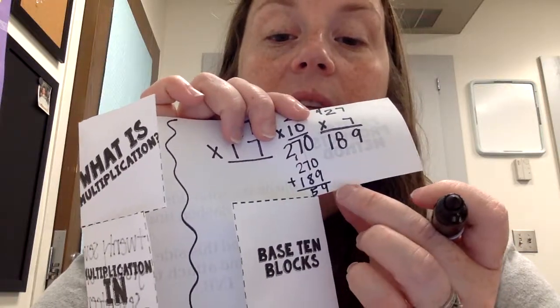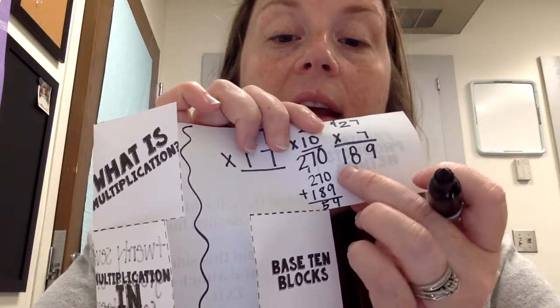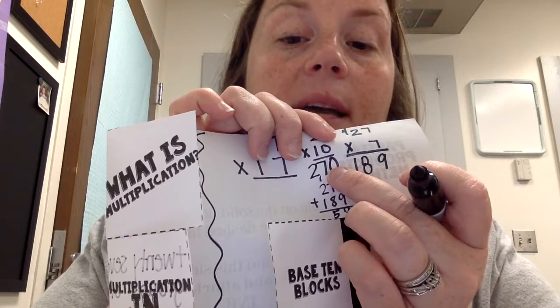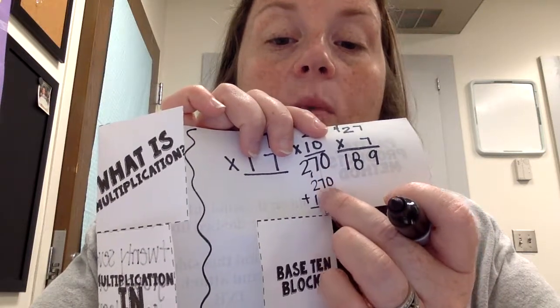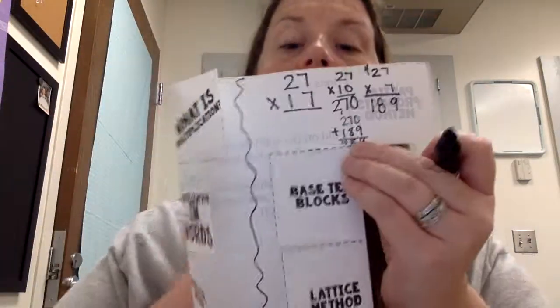So I'm going to write my 5 and carry my 1. You'll see I did 7 plus 8 is 15. I wrote my 5 and carried my 1 over here above my 2. So now I'm going to say 1 plus 2 is 3. Plus 1 is 4. So my product is 459, and I'm going to write that up here with my original problem and circle it.